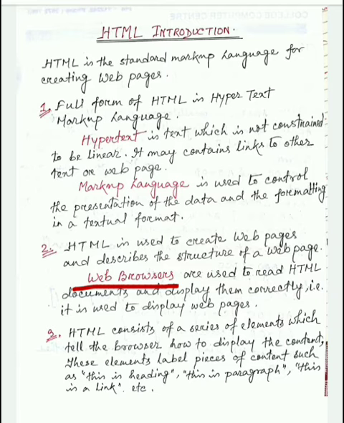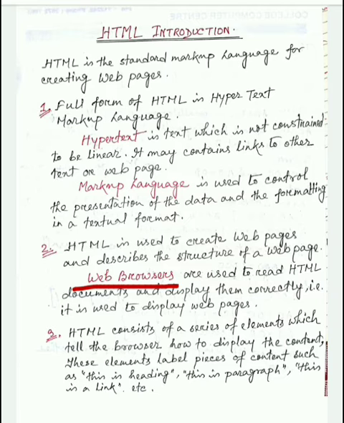These web pages can open online whenever there is an internet connection, or offline whenever there is no internet connection. Here we will learn to create a web page in offline mode.